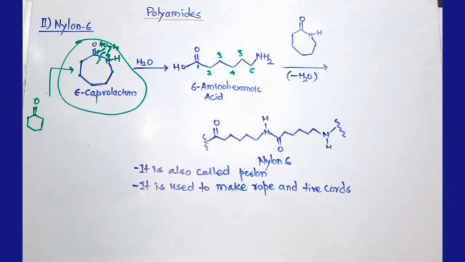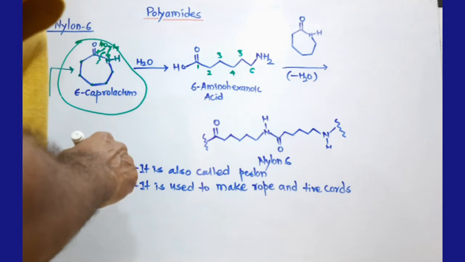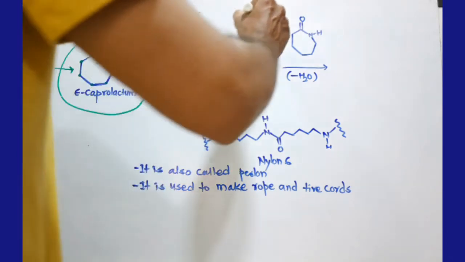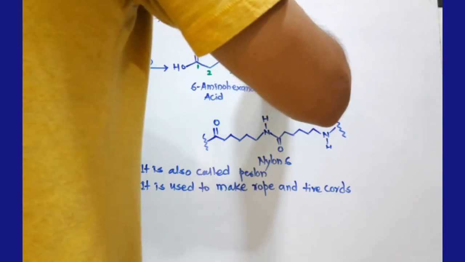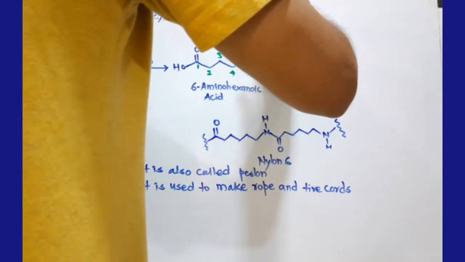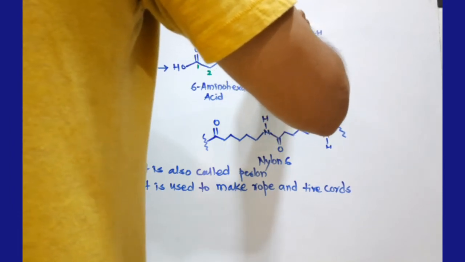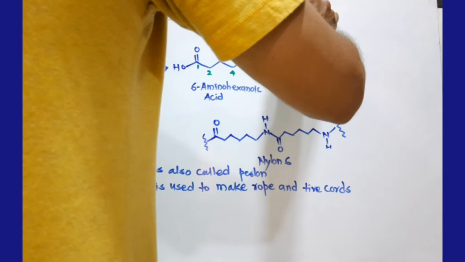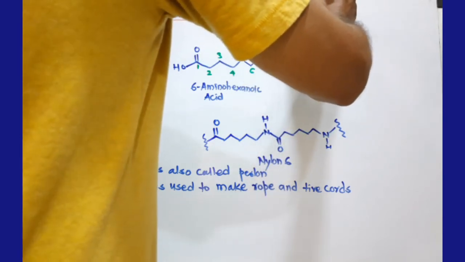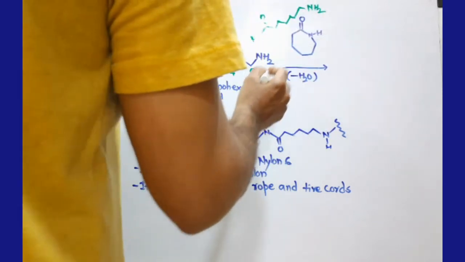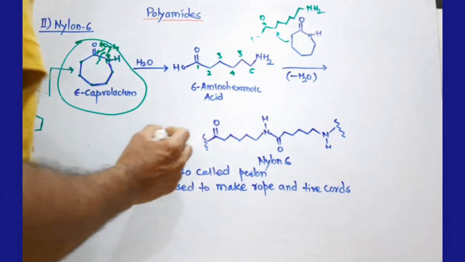This 6-aminohexanoic acid, which is produced from caprolactam, again reacts with a fresh molecule of caprolactam.